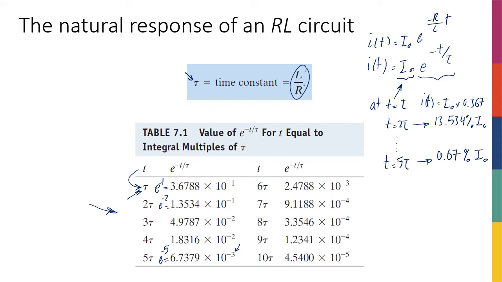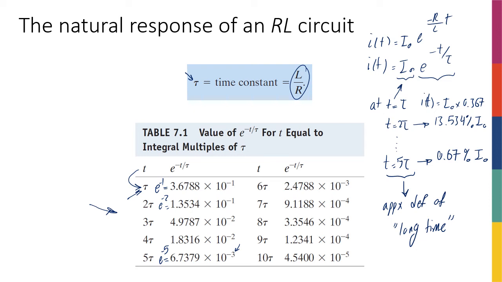So this 5 tau is really the approximate definition of what we call long time. When I say a long time has passed for the circuit, I mean that you look at the circuit, look at L and R, and calculate the time constant.